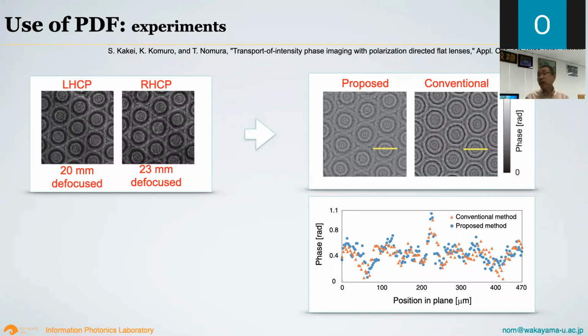The orange one, the triangle one, is the conventional method. This is the cross section. I hope you agree the profiles match very well. So this result confirms the usefulness of the PDF lens for TIE phase imaging.